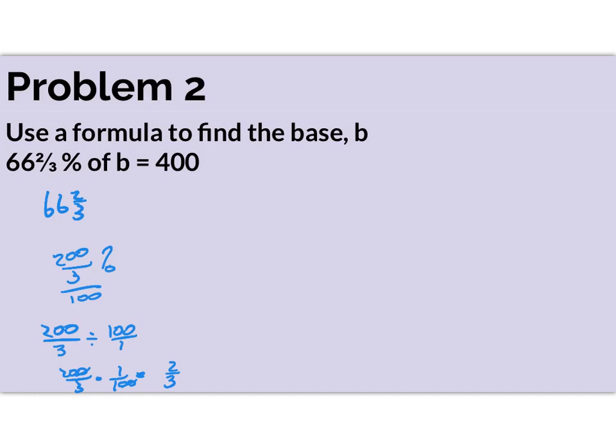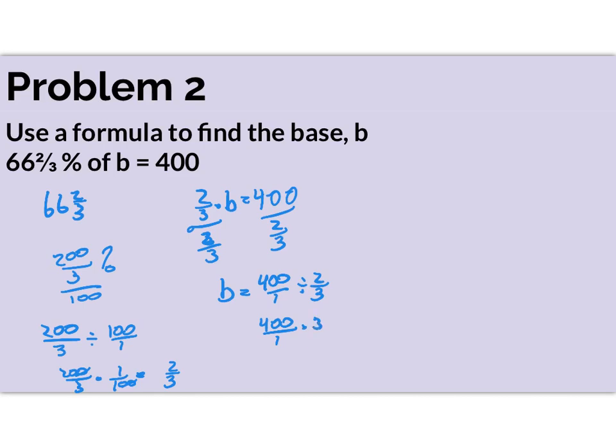So 2/3 times b equals 400, and then if we divide by 2 over 3, b equals 400 over 1 divided by 2 over 3, 400 over 1 times 3 over 2. Now these numbers get a little easy, and that gives us 600, because 2 times 3 is 6.